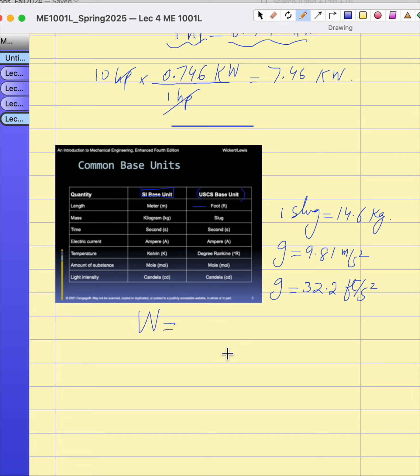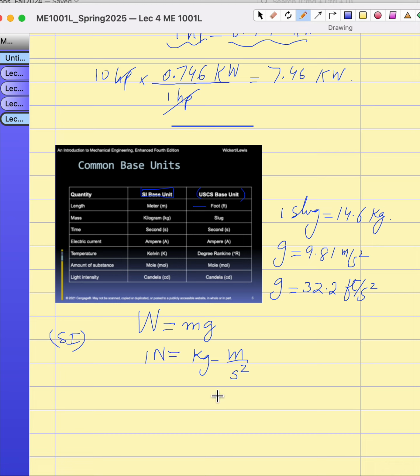And some of the derived units, like W, which is equal to mass times gravity. In the SI system, how would you write this? Mass is in kilograms times meters per second squared, and that is equal to 1 newton.